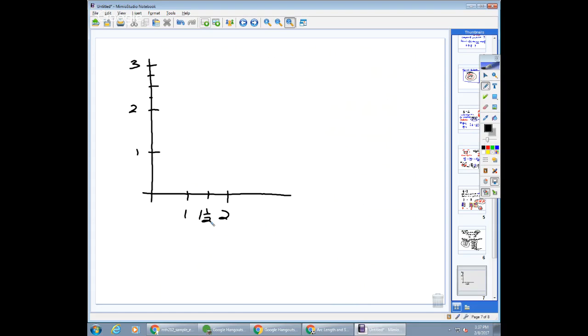So I'm just going to grid this out as a 3 by 2 grid for now. I want to isolate the part that is 1.5 by 2 3/4. So this is my area right here.